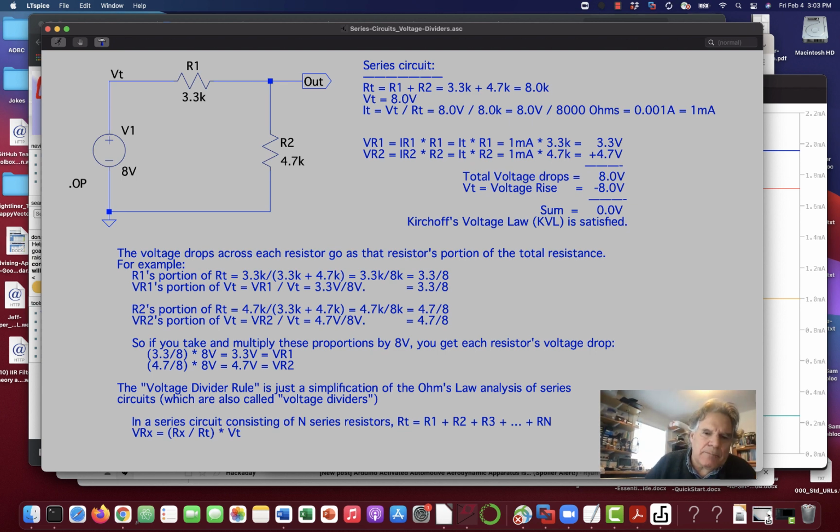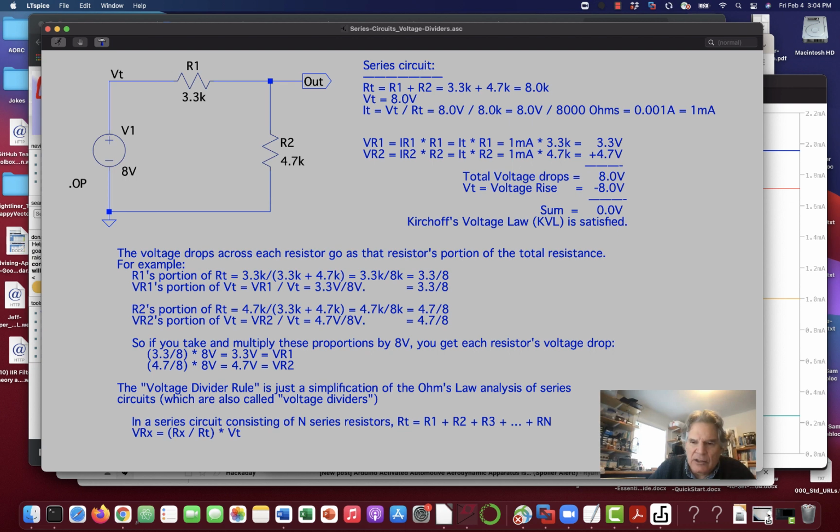So that's the voltage divider. It's just a type of series circuit, and the voltage divider rule is something that expresses that, but it doesn't save you a ton of time. It's just a way to look at series circuits. If you do remember this formula, it's fine.